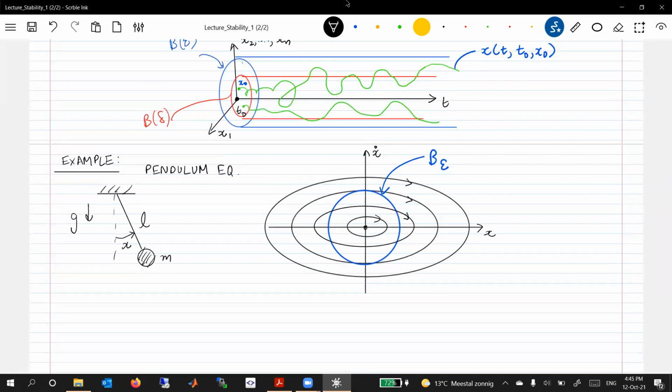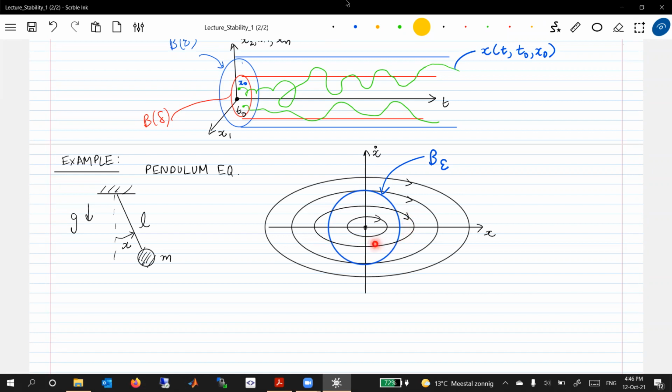But we want to be sure that we cannot pick any initial condition inside this epsilon ball, because for instance, look at this initial condition. If I initialize my trajectory here, even though I started inside the epsilon ball, it turns out that I'm going outside it, right?